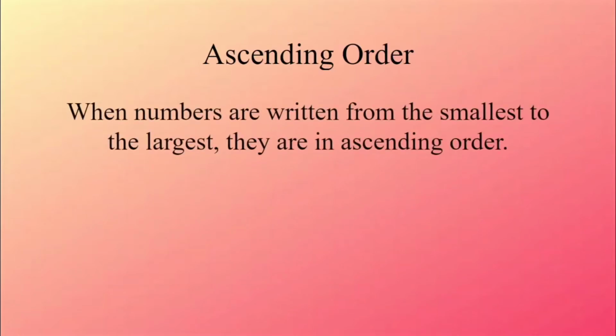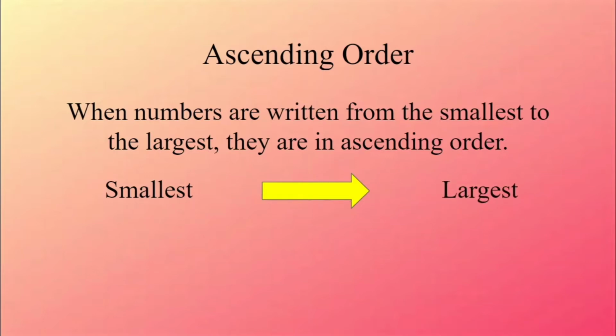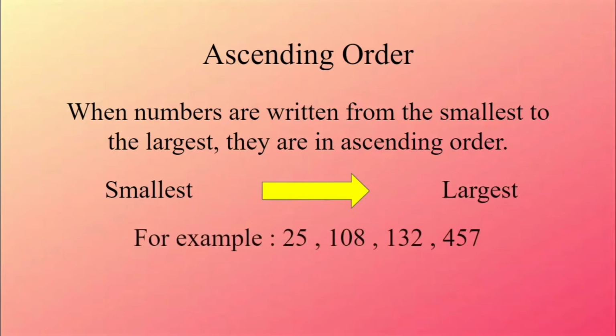One of the orders of arranging numbers is ascending order. When numbers are written from smallest to the largest, they are in ascending order. That means we arrange numbers from smallest to the largest. For example, look at this set of numbers.